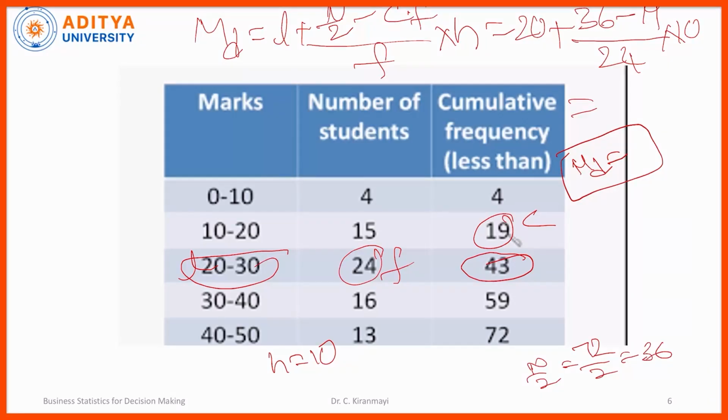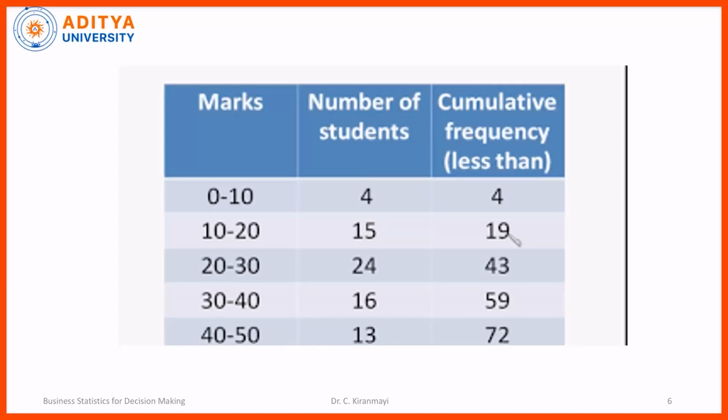For the same problem we can also calculate the first quartile. In order to calculate the first quartile, we have to obtain the n by 4 value, that is 72 by 4, that is 18. 18 is the 18th term.